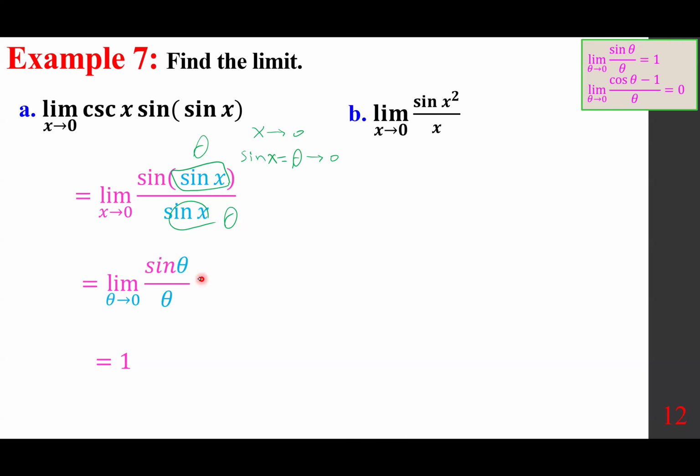Okay, what about this one? Let's understand that you can't change the argument of the sine, you can't touch it. But when you look at this one, it looks like something similar to that. If this was identical to this, we could have done something. So how do we make this identical to that? We're going to multiply by x and divide by x. If I throw in x, the bottom becomes x squared.